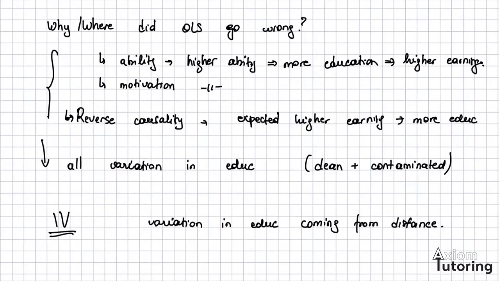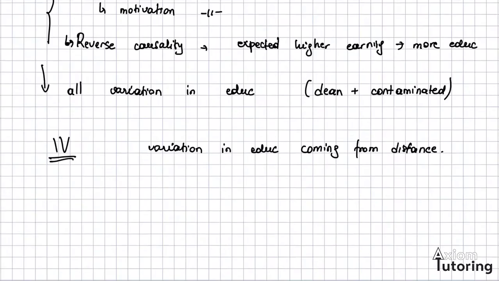Distance is unlikely to be correlated with ability or motivation. And IV strips away basically the contamination that OLS unfortunately cannot. So normally you would have a diagram which we've been using quite a lot in this mini series for the IV, is that distance is affecting education, and then education affects earnings.